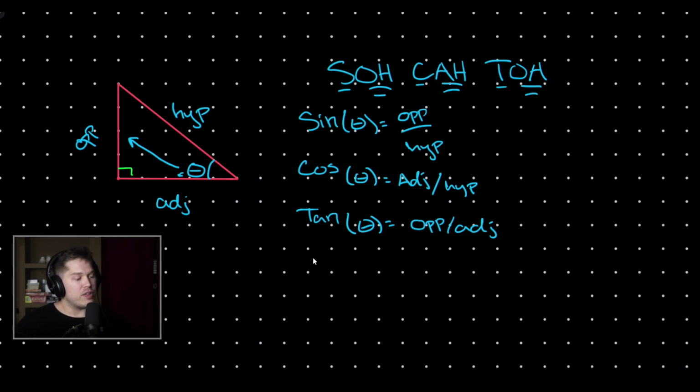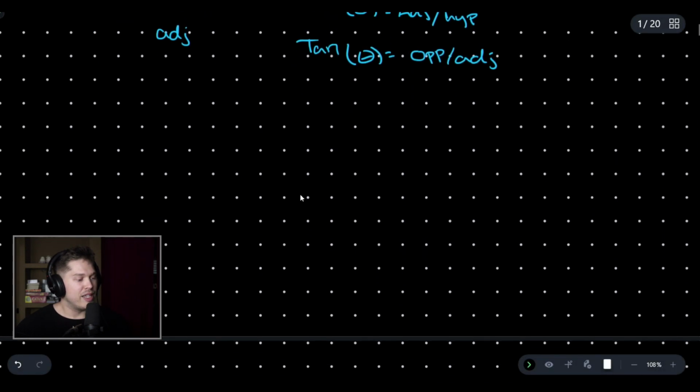All right, so now let's apply this to a problem. Let's scroll down a little bit and create a nice right triangle. Okay, so we have a right triangle and we have some angle theta.